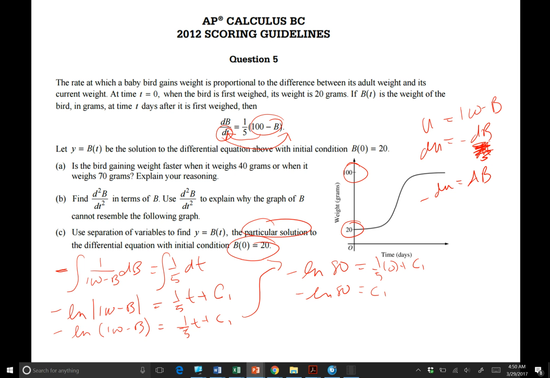So I'm going to plug that in. Doesn't look like I needed the c sub 1. I'm going to plug that into this equation here. Nope, sorry.